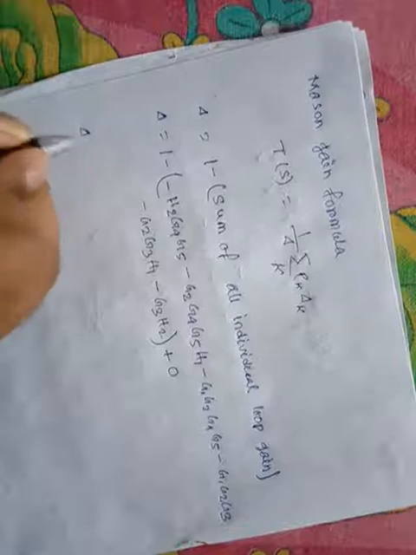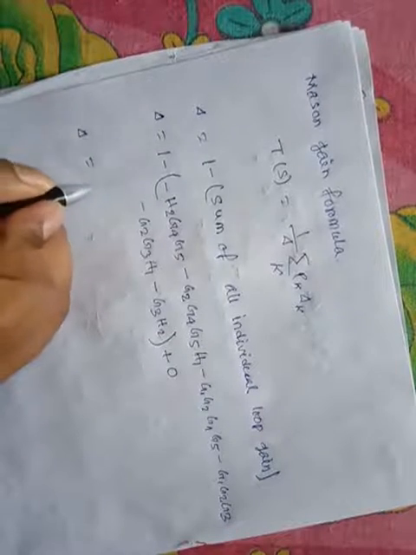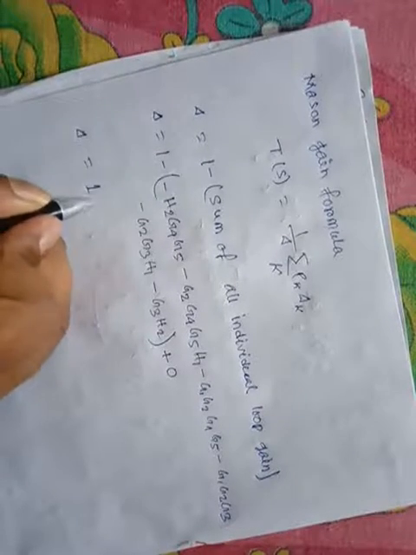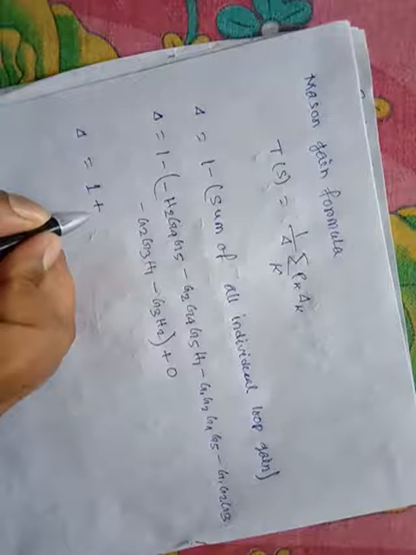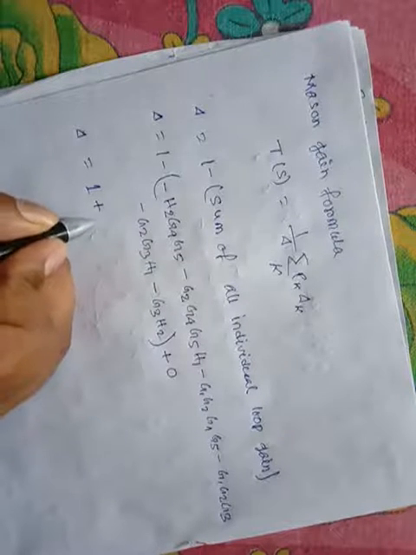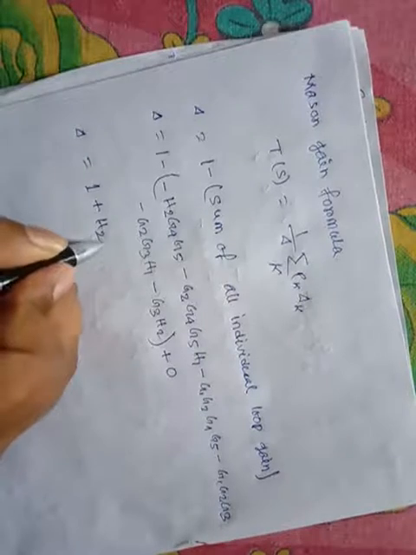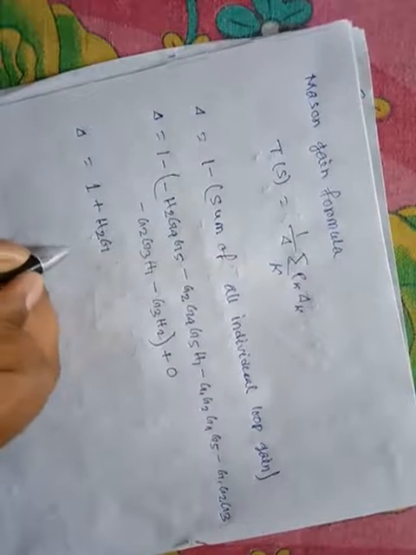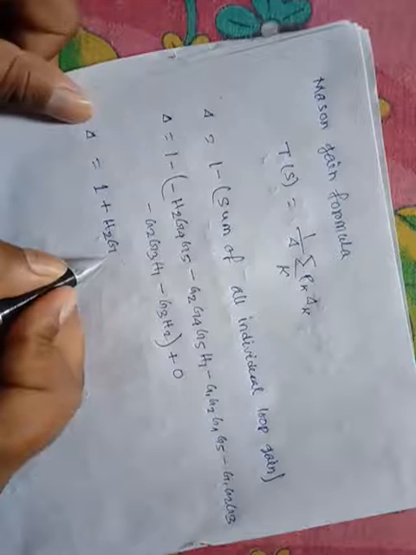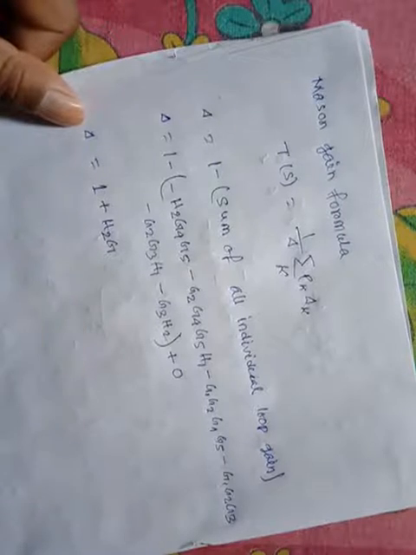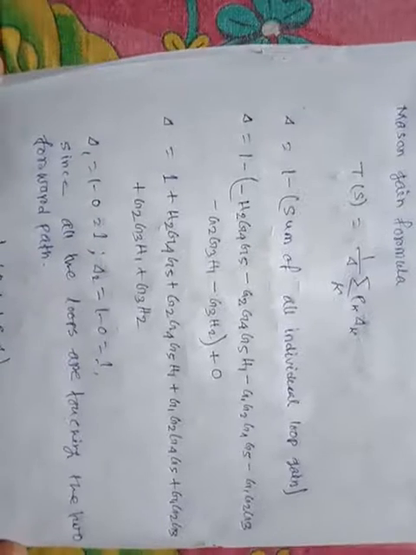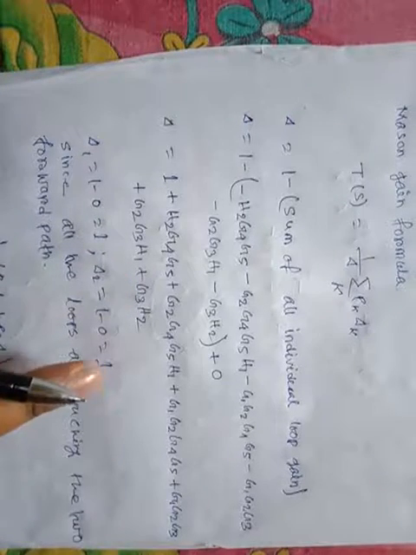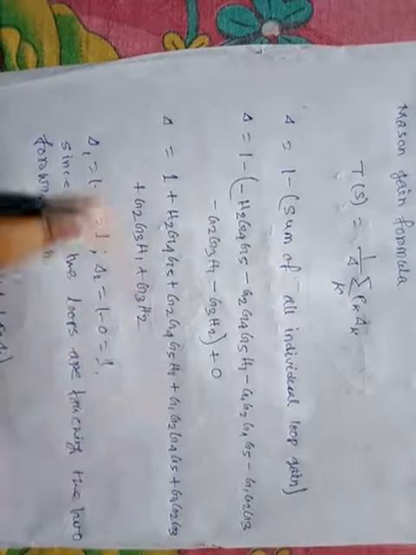Then del is equal to 1 plus the loop gains. Here the minus is common for all loop gains.